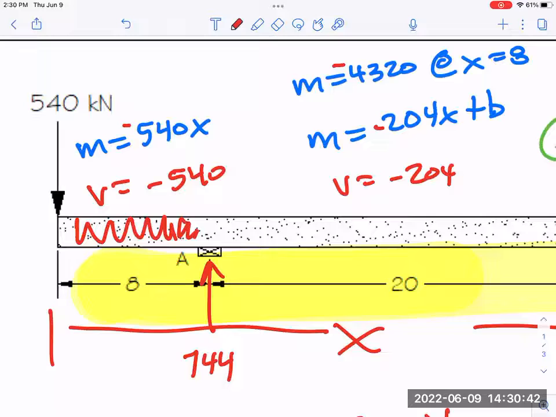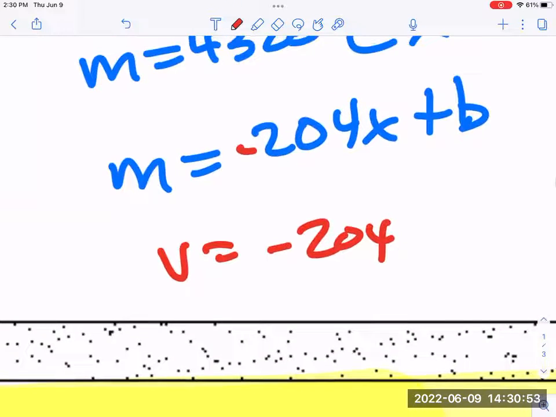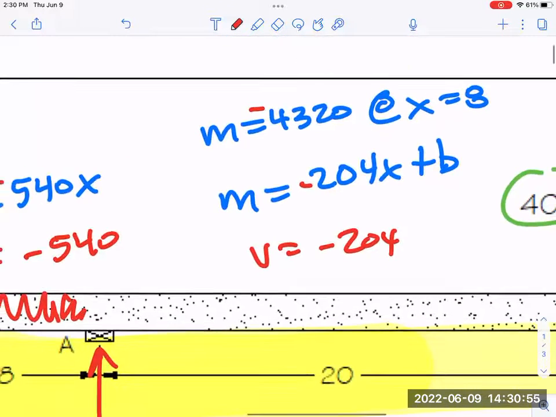Actually, no, I think I don't have a negative written for 204. I think mine's wrong because I'm looking at my answer over there and I see my equation doesn't have this negative in front of the 204, which makes me think I probably got it wrong. So you'll get negative 260. Negative 4320 equals positive 204x.